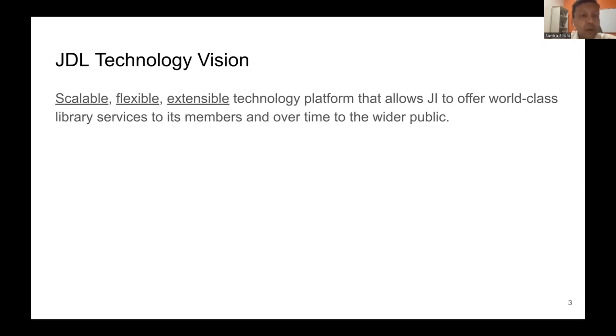Flexible means it should be easy to change, right? If you want to offer world-class services, then you have to have technology that you can control and you can change and you can improve, right? So that flexibility is very important. And extensible means you should be able to extend it.